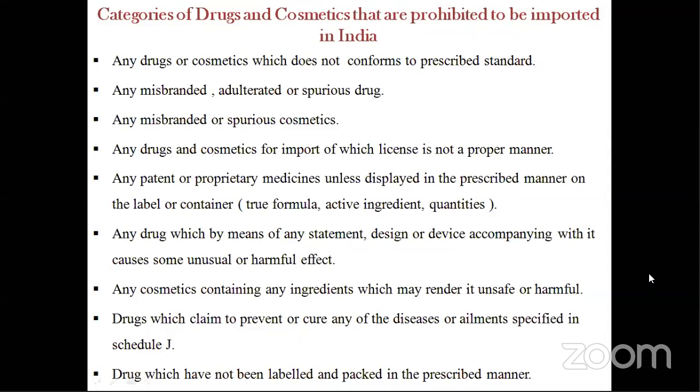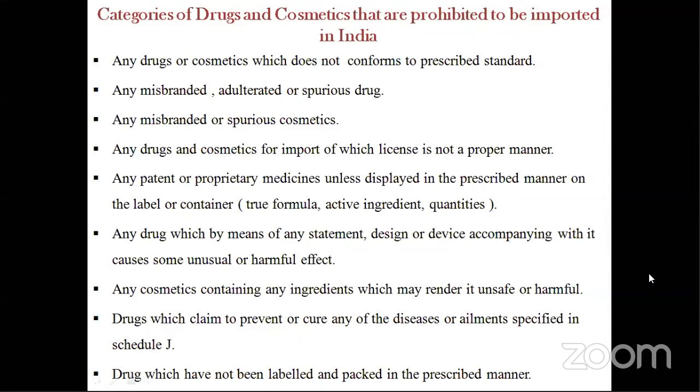Next is any cosmetic containing any ingredients which may render it unsafe or harmful. If your ingredients consist of unsafe or harmful substances which cause harmful effects to our body, and the cosmetic is imported, then when you use it and it causes a harmful effect, you should not blame the exporter company, because it was already imported.